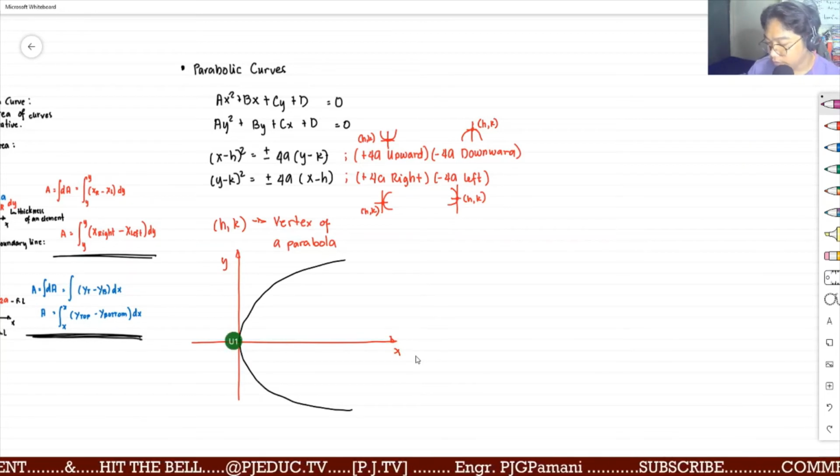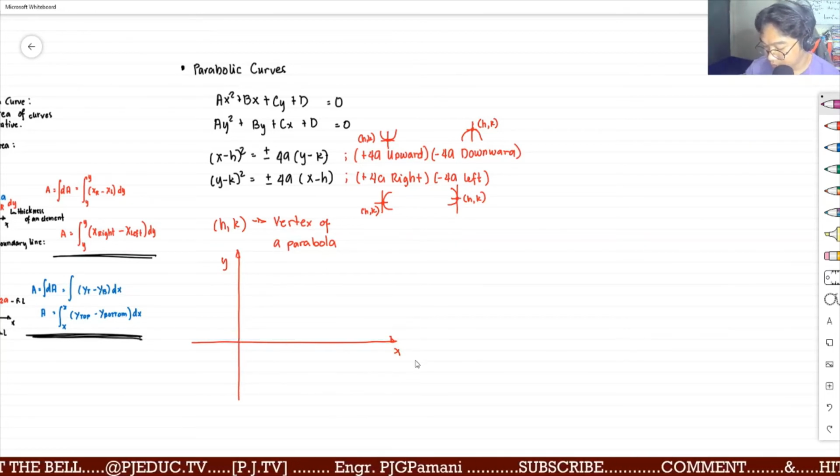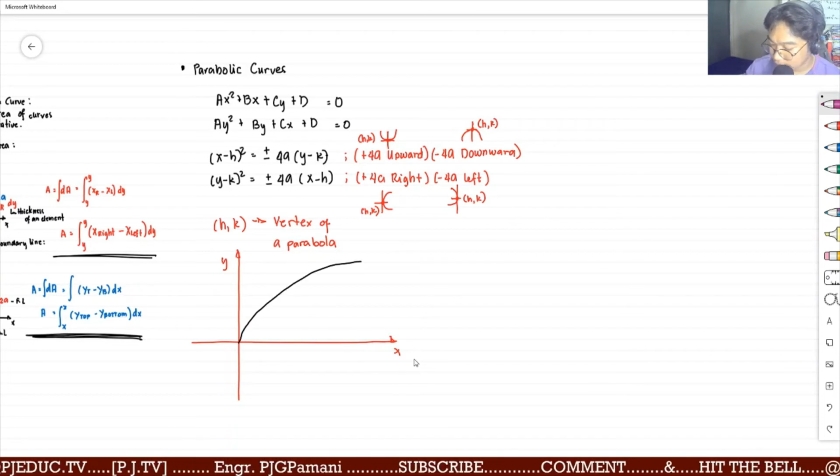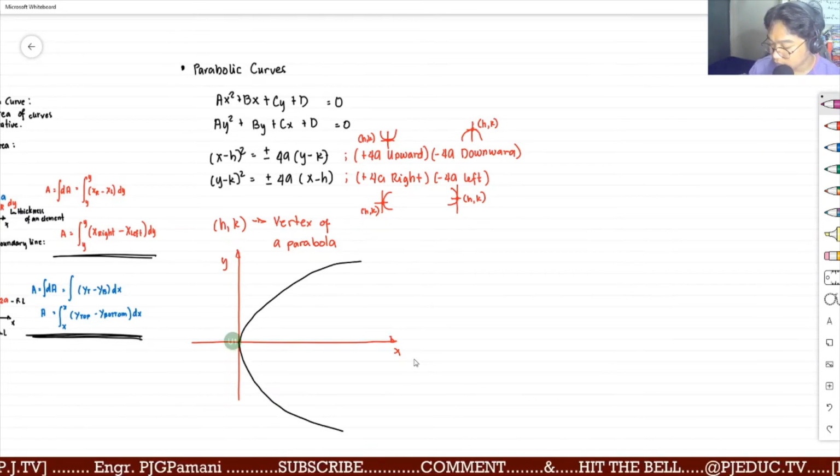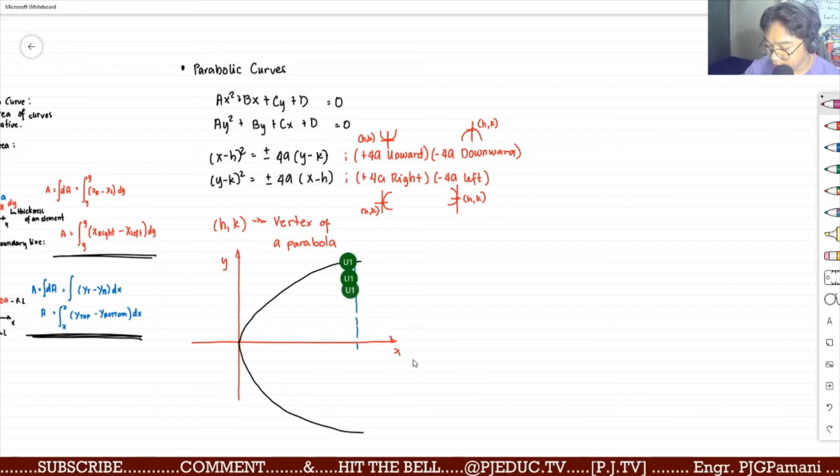Let's identify its parts. This will serve as our boundary line.